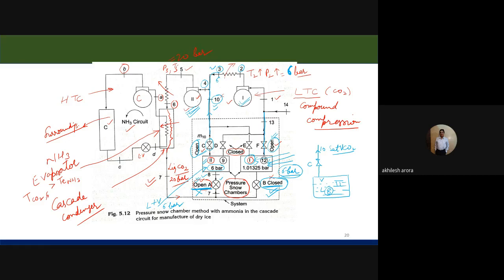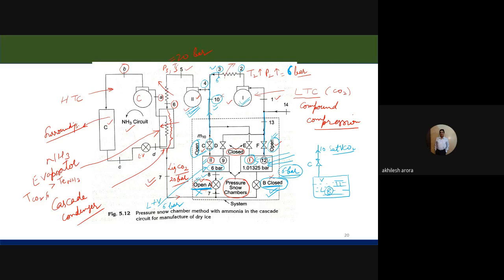Okay, it's not clear how they are reducing pressure, because for reducing the pressure we either use an expansion valve or some other device, or otherwise we will have to increase the volume of a space. If we give the larger volume to a particular gas, then its pressure will reduce.